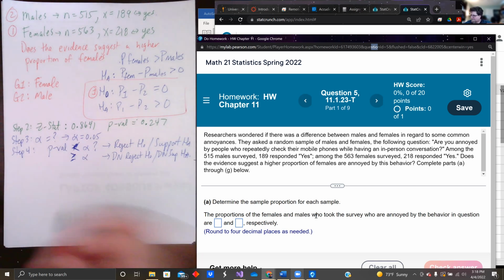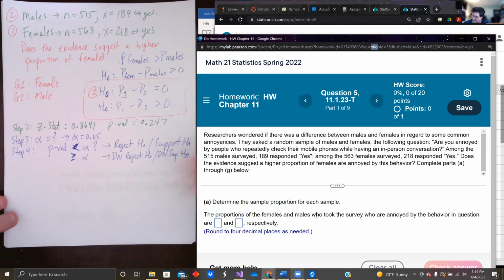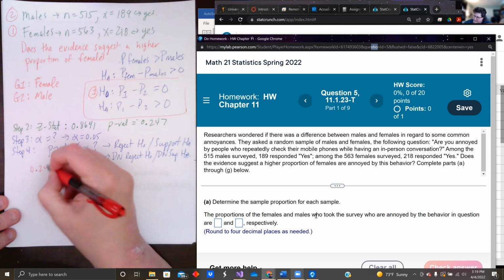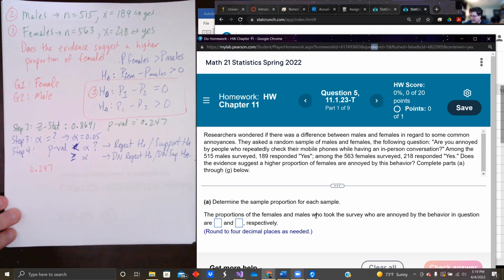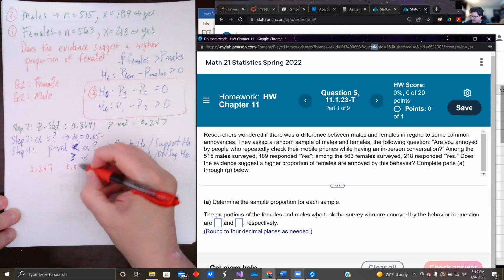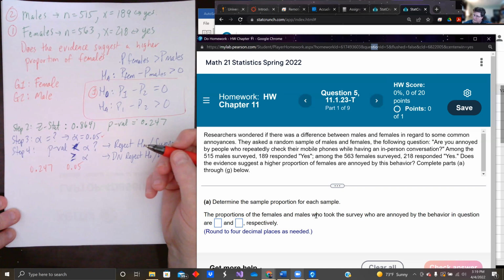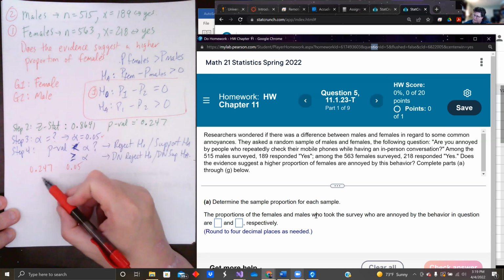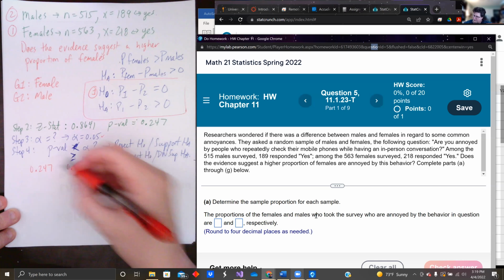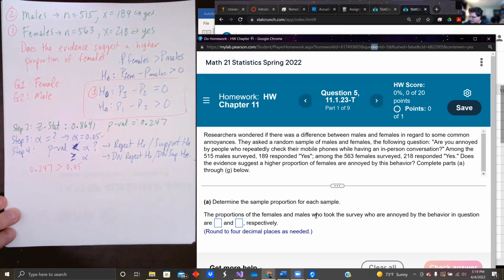So let's look at our actual values. My p-value here is 0.247. My alpha is right here, it's 0.05. 0.247 is bigger than 0.05. The number on the left is bigger.